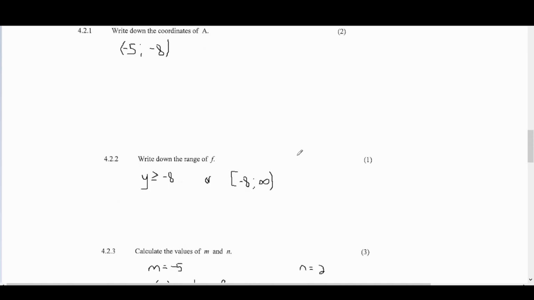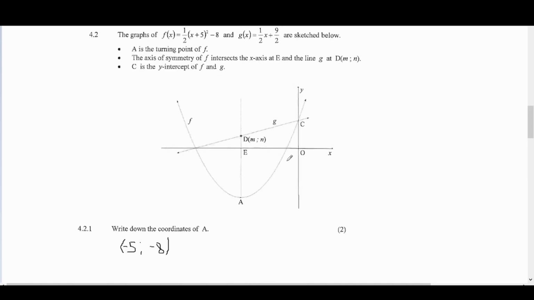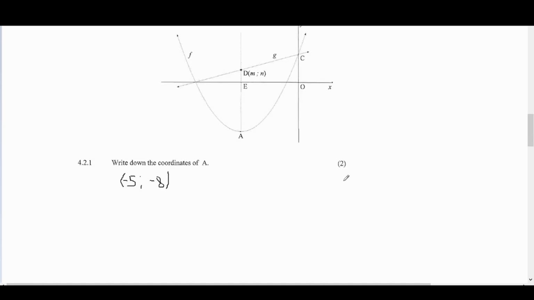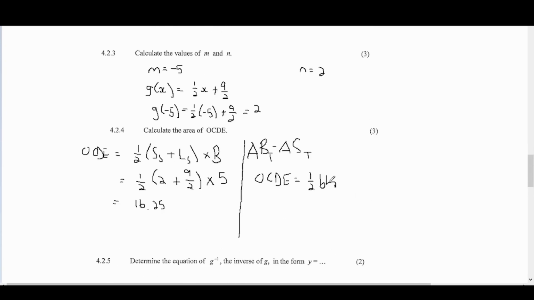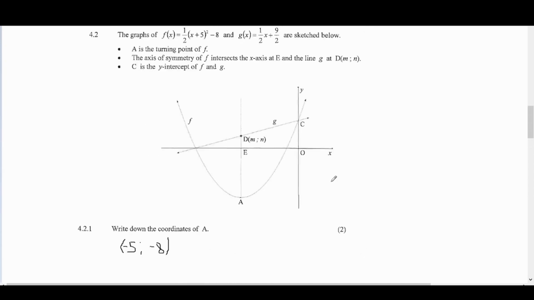Okay, now we just need our base and our height. So our base would be from this point to our x-intercept, by the look of it. So we need to calculate where our graph intercepts with the x-axis, and to do that we need to make y equal 0. So let me just do it here on top so it can be easy to see.